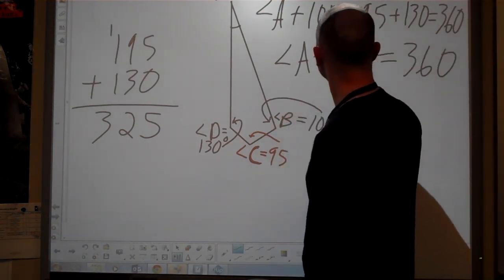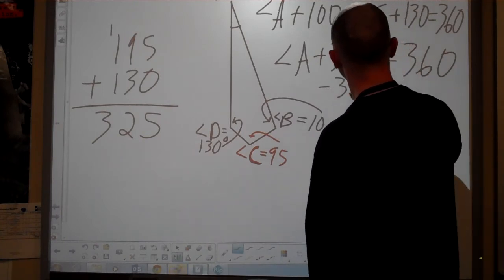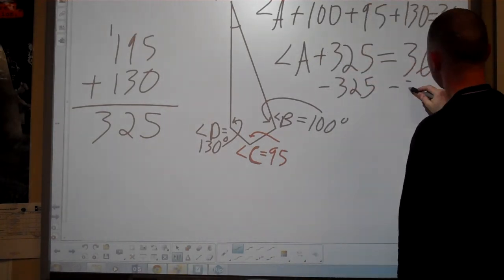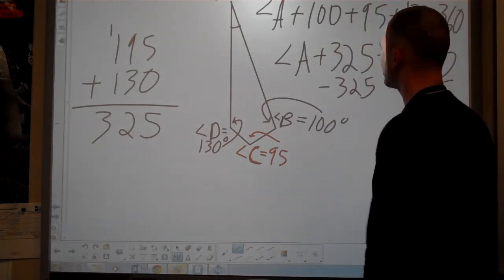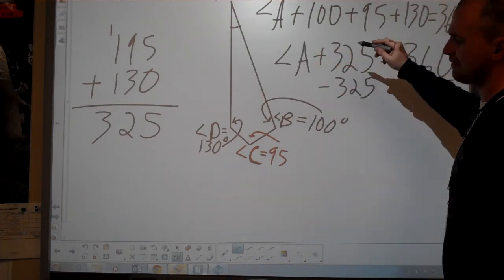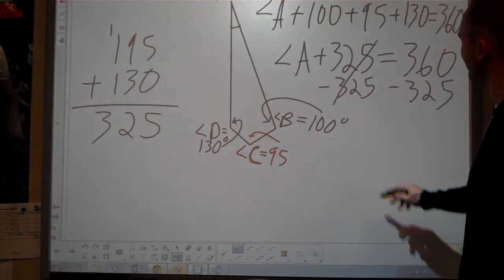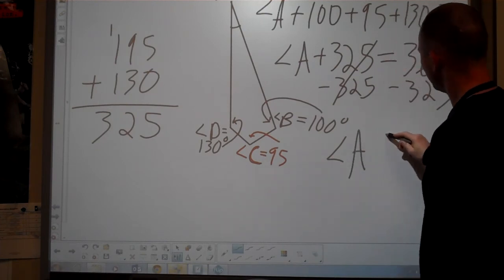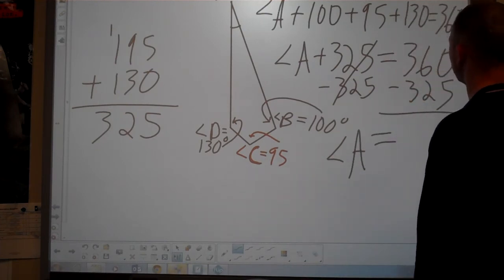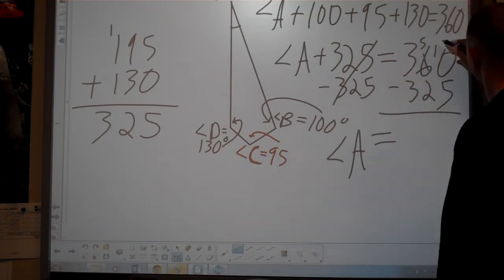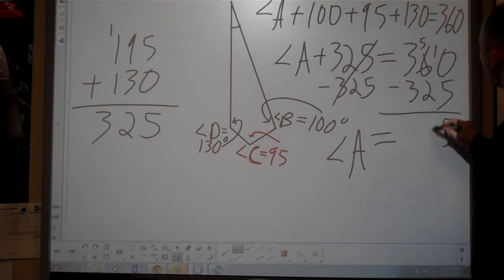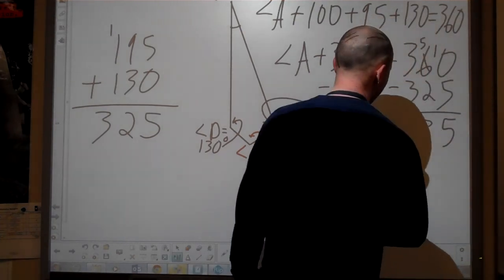So to get rid of this plus 325, we subtract 325. What we do to one side, we do to the other side of the equation. Angle A plus 325 minus 325, these cancel out. So I get angle A equals 360 minus 325. Make this a 5, that's a 10. 10 minus 5 is 5. 5 minus 2 is 3.